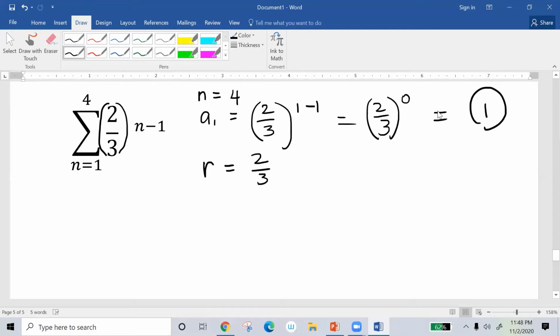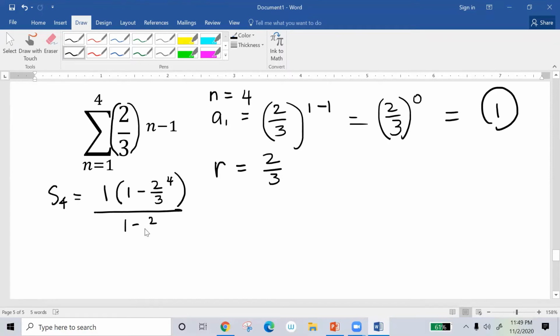We have S sub 4 is equal to the number of terms, which is n, a sub 1, which is the first term, which is 1, times 1 minus the common ratio, 2 over 3 raised to n, which is 4. Okay, all over 1 minus 2 over 3.